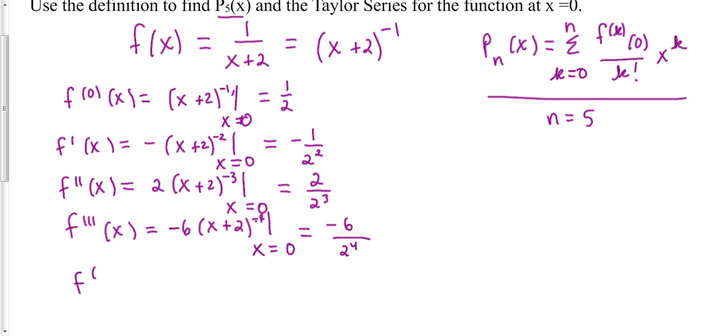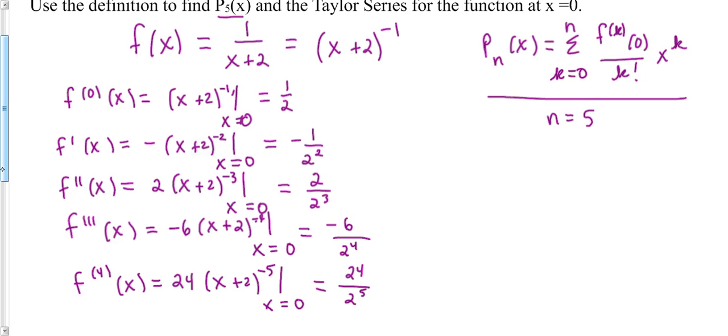And now I'm going to take my fourth order derivative, and again I'm going to bring my exponent down, so I'm going to have 24 times x plus 2, now to the negative 5. Again, I'm going to evaluate that at x equals 0, and I am going to end up with 24 over 2 to the 5th.